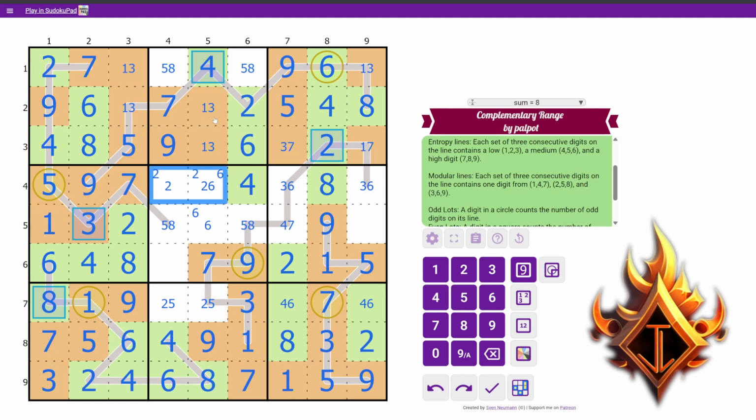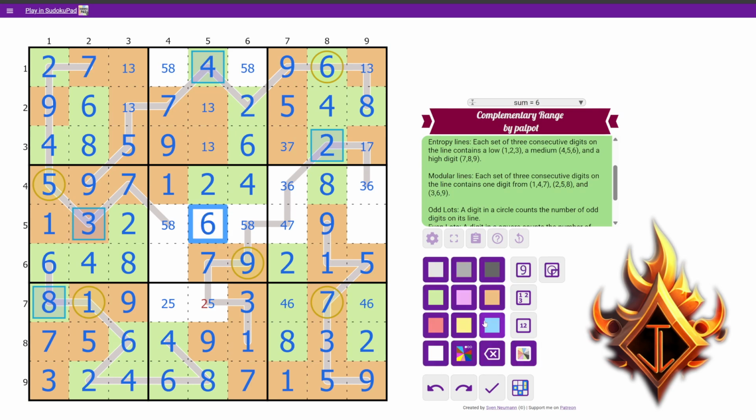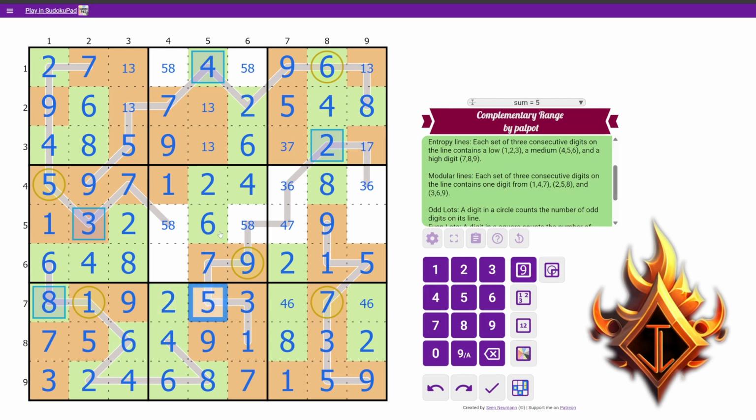1 goes up here, but we have a 1, 3 combo there. So it goes there. And now 2 will have to go there. And then 6 will have to go there. Now we get 5, 2. Okay, this will be a 4 or 7.